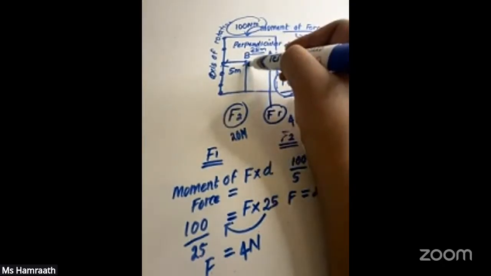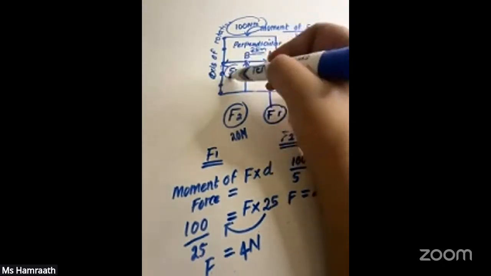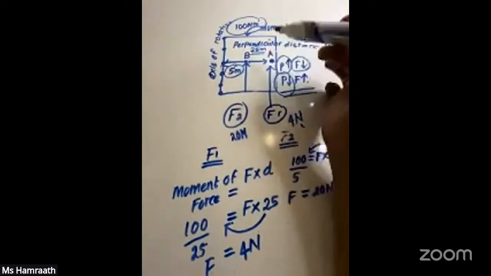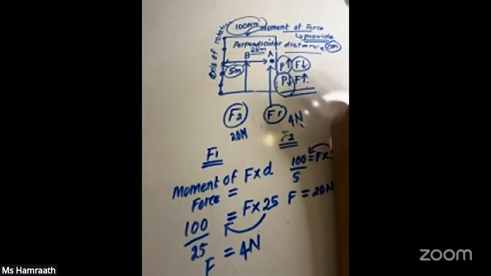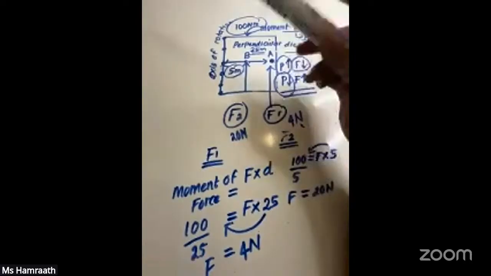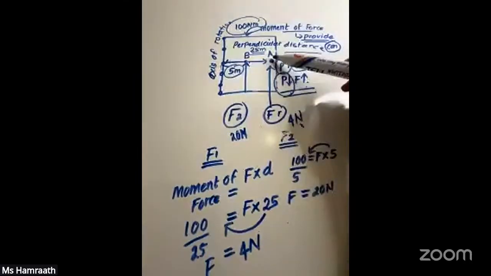From point B to the axis of rotation, the value is 5 meter. Remember, the moment of force will be provided in your exam paper, and they will say that the moment of force is constant. It will never change. The moment of force will be constant for both of the forces that you are applying.